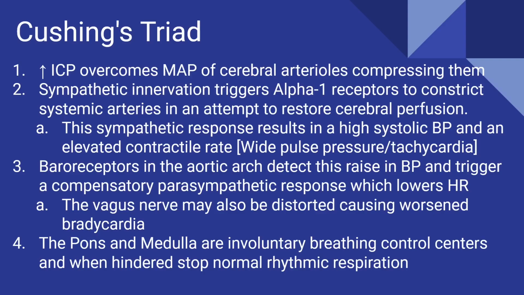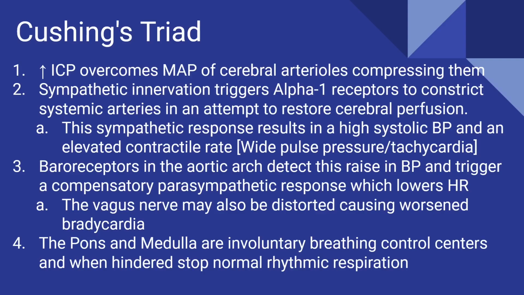And so the sympathetic system responds by increasing systolic blood pressure. So it's going to release neurotransmitters to increase blood pressure, like epinephrine, norepinephrine. And by doing that, it's going to not only increase the blood pressure, but also increase the heart rate initially.